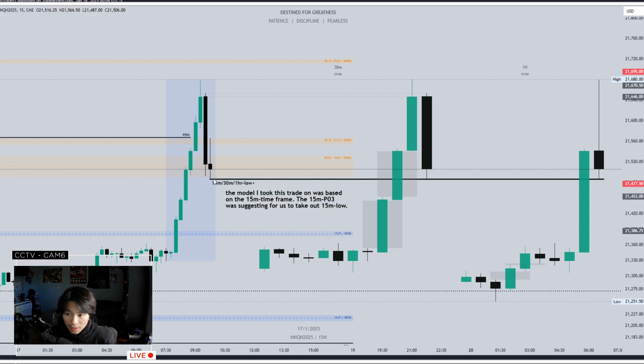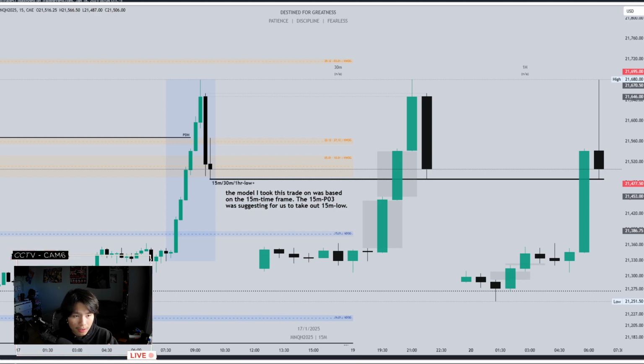So what does that mean? The idea of scoping again, right? That means that we should complete the hourly objective within the next 15 minutes, because the 15-minute low is the same low as the hourly low. So now I'm able to identify the higher time frame order flow, and I'm able to identify what my model is.